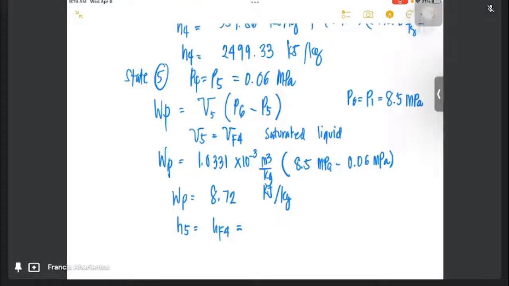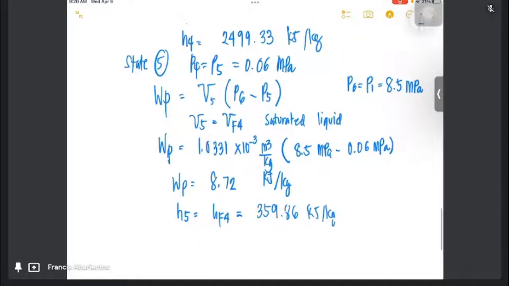Ano yung enthalpy at saturated liquid? We have 359.86 kilojoule per kilogram. Tama ba ako?